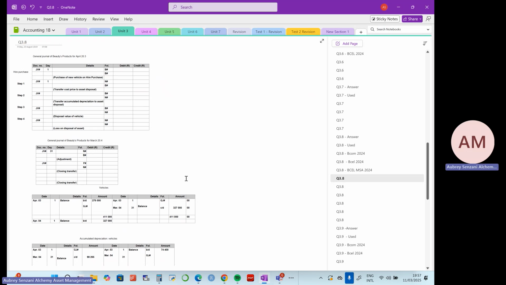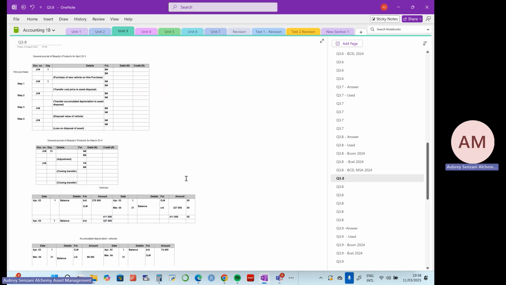It says prepare the following ledger accounts in the books of Beauty Products for the financial year ending 31 March 2004: vehicles, accumulated depreciation on vehicles, depreciation, asset disposal, profit and loss on trade-in or disposal. Show the relevant entries made in the subsidiary journals on 1 April 2003 and on 31 March 2004, respectively.